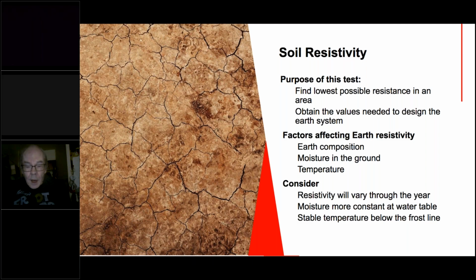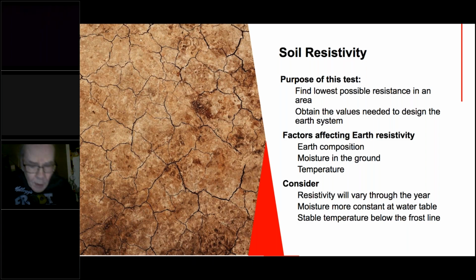Then you also use resistivity measurements in designing a grounding system, what your electrode is going to look like. You can take a resistivity measurement, and in the old days, they used to use things like nomographs and a lot of hand calculations. Nowadays, it's much easier.